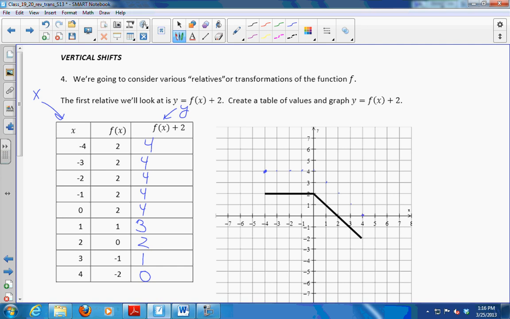So if I connect these, this is my new function, y equals f of x plus 2. And this guy was my parent, y equals f of x.